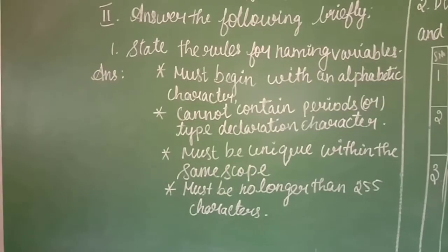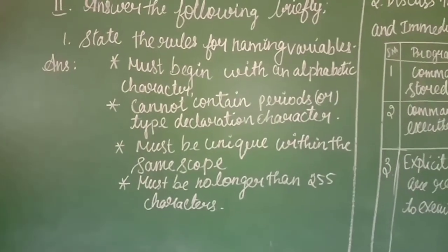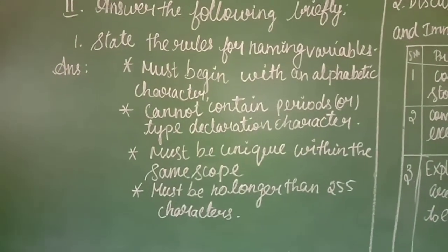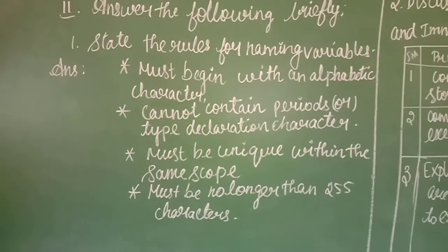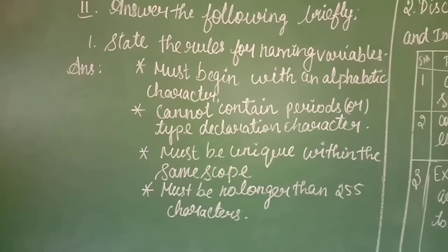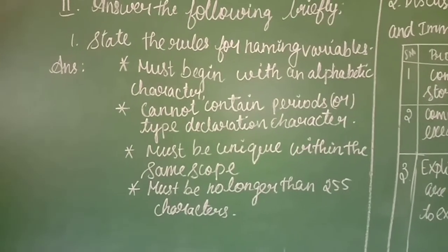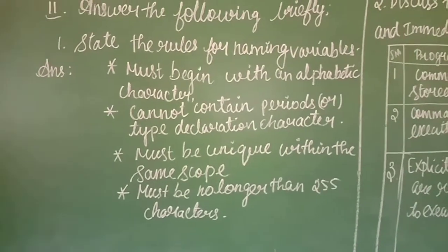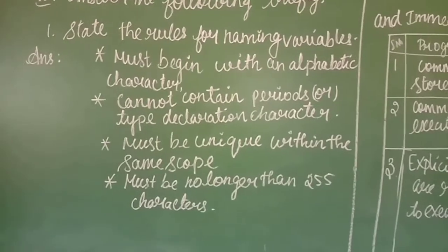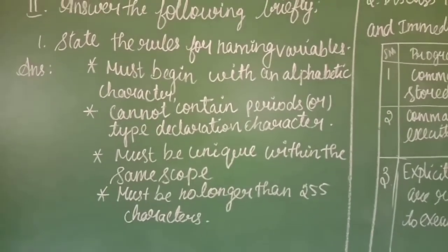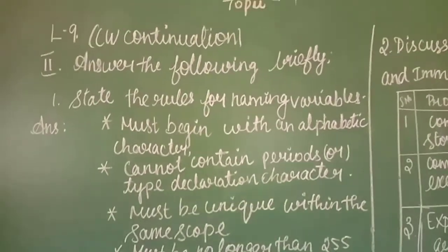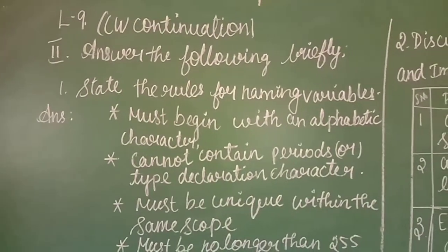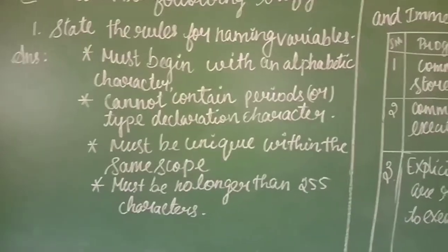State the rules for naming variables. We have 4 points. Must begin with an alphabetic character. Cannot contain periods or type declaration character. Must be unique within the same scope. Must be no longer than 255 characters. I request everyone to copy the same in your classwork part. This is continuation of lesson number 9, children.